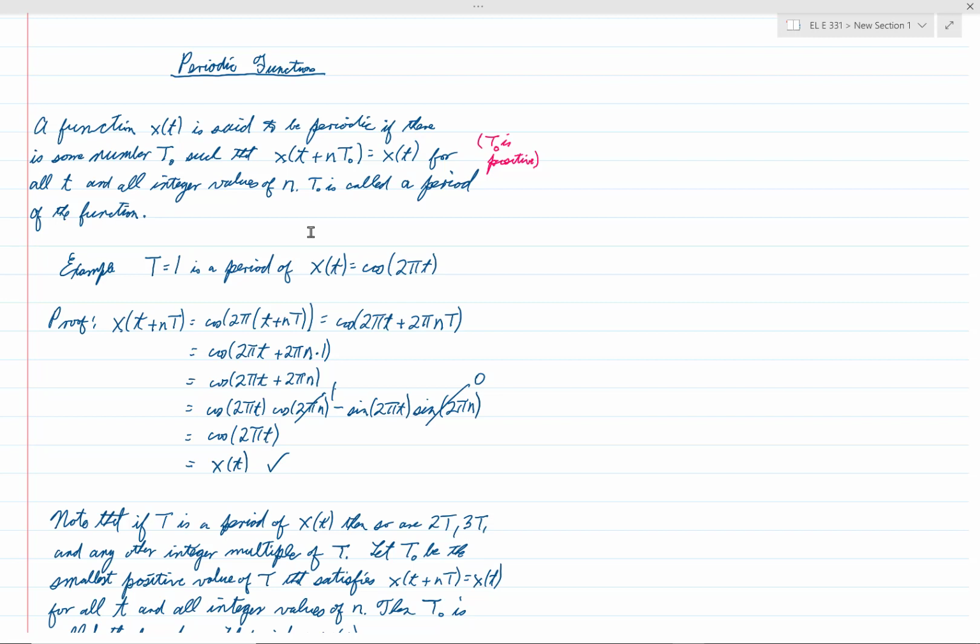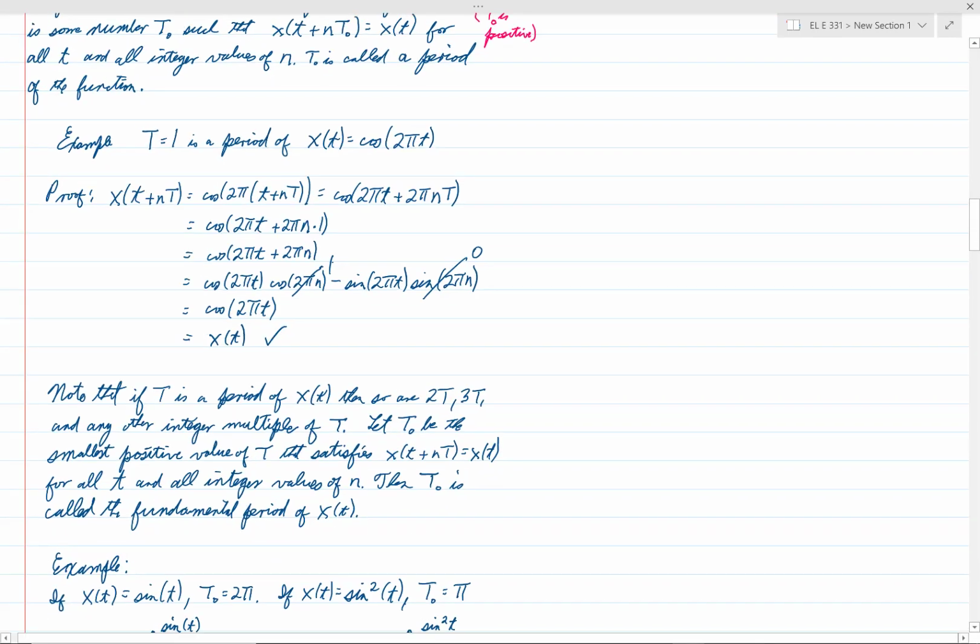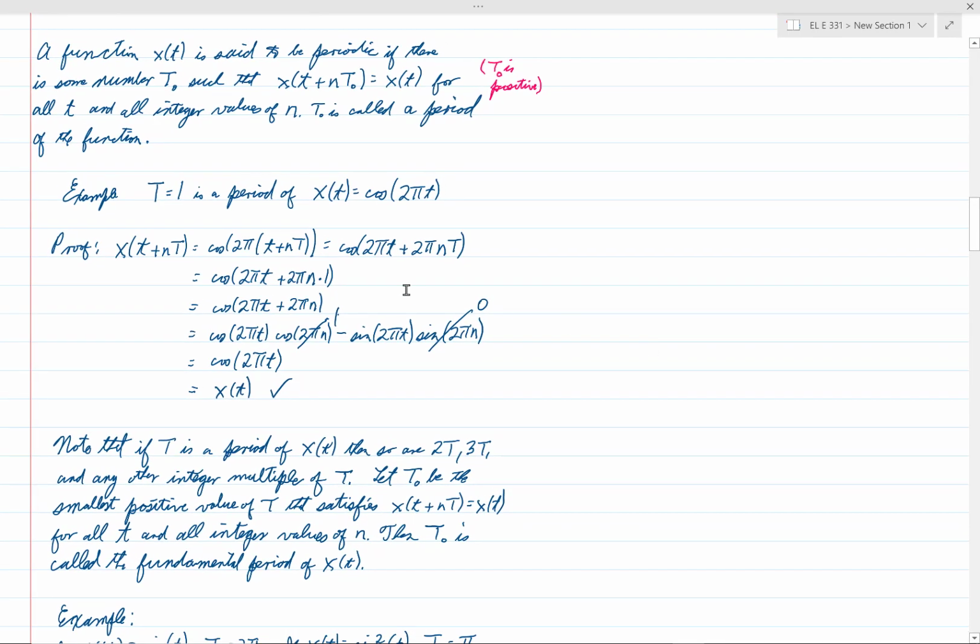So let's look at an example of this. If we consider x of t equal to cosine of 2 pi t, 1 is a period of that. And we can prove that as follows. x of t plus nT is equal to cosine of 2 pi times (t plus nT).